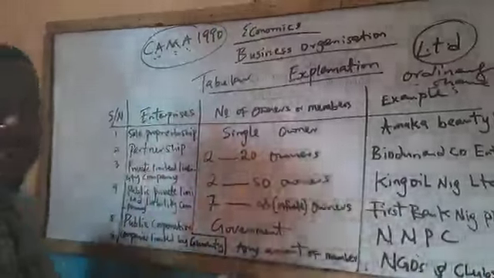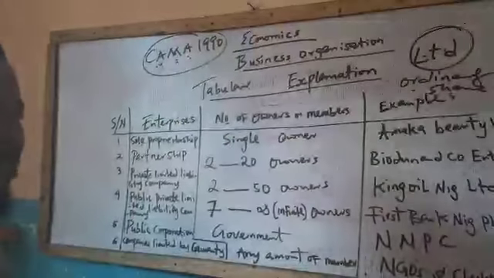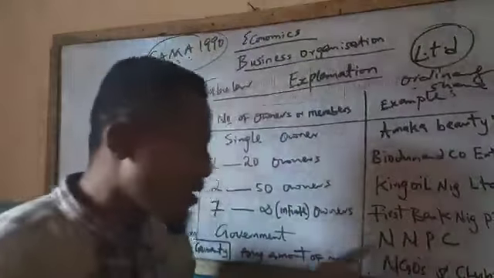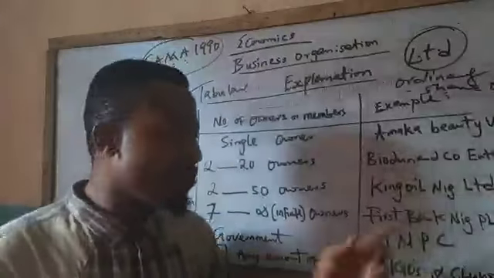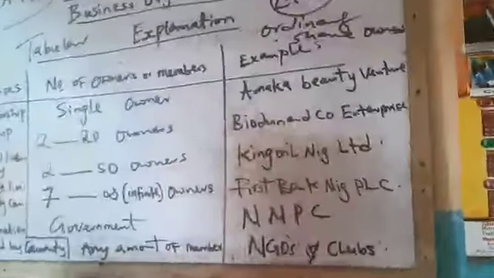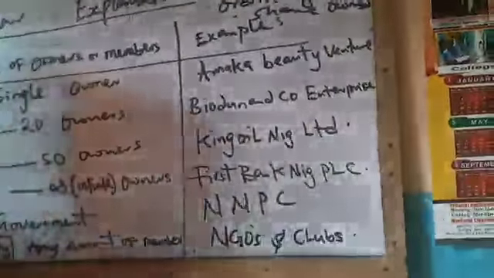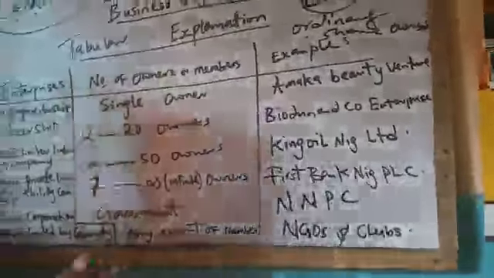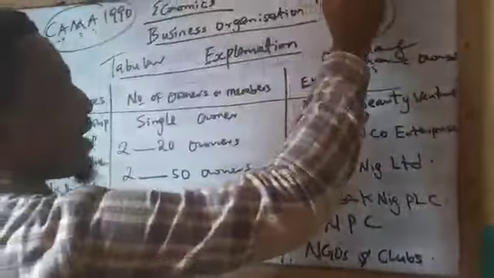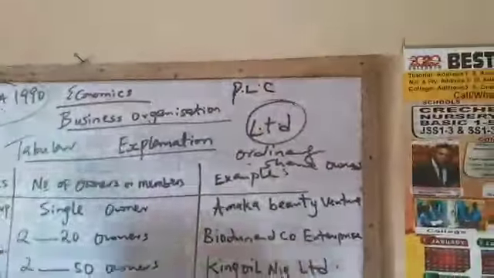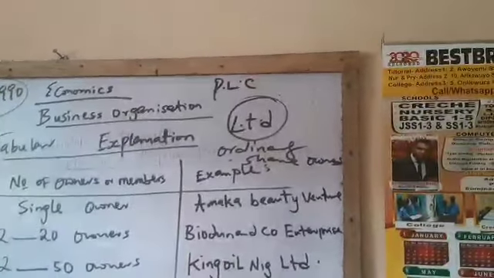An example of a public limited liability company is First Bank Nigeria PLC, Union Bank PLC. In fact, any company you see PLC at the back, this sign PLC is a public limited liability company.